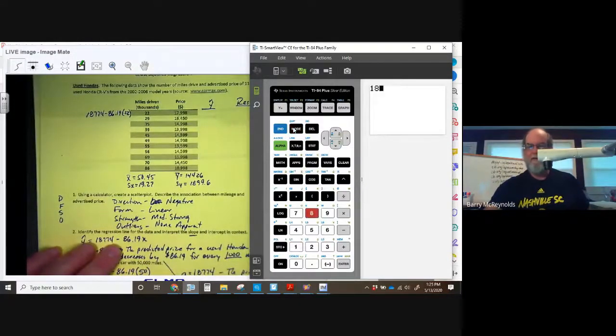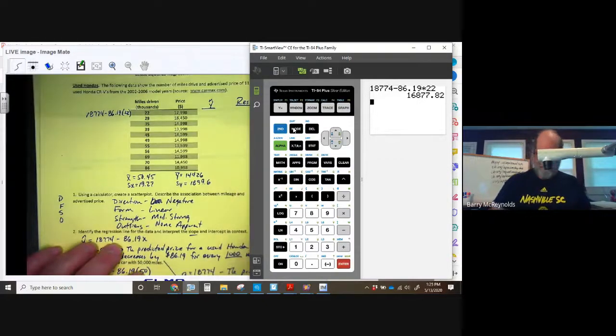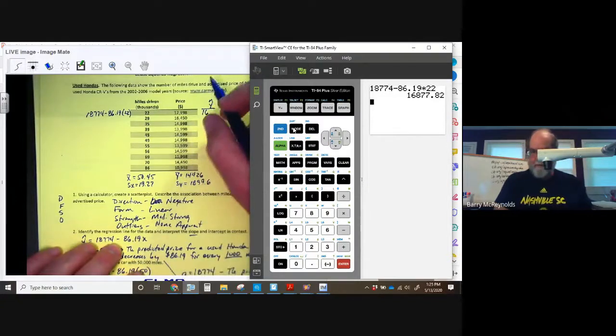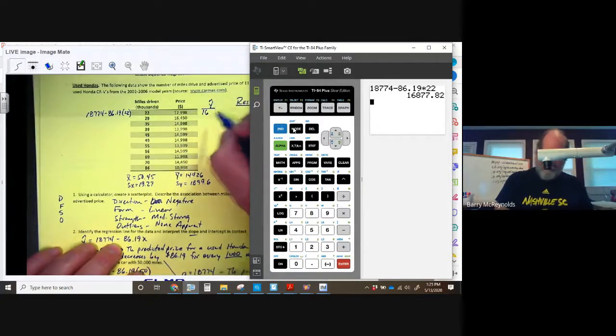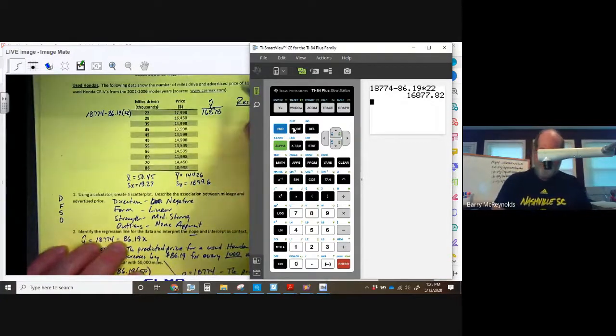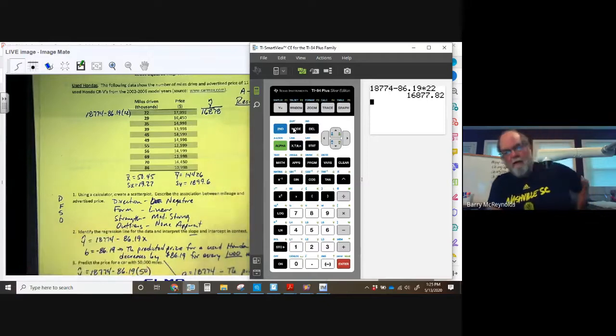We can just type it in as we see it: 18,774 minus 86.19 times 22. So the predicted value is 16,878 rounded to the nearest dollar. So that's the predicted value. And the residual, remember, this is AP statistics, so the residual is always the actual minus the predicted.